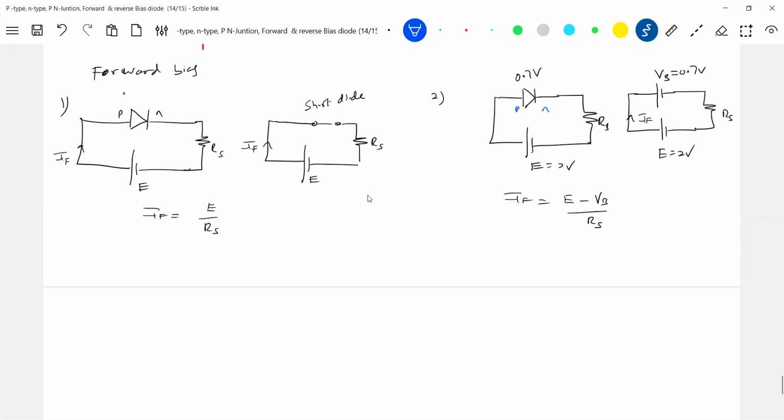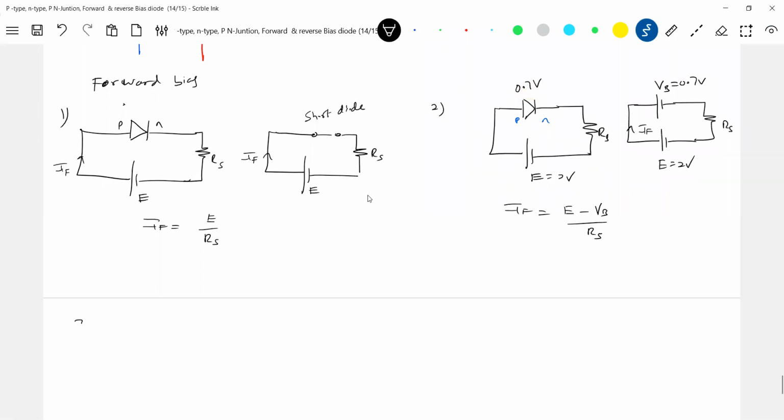The third approximation says, if nearby the diode they write 0.7, and if they write some 10 ohm, this is the third approximation.